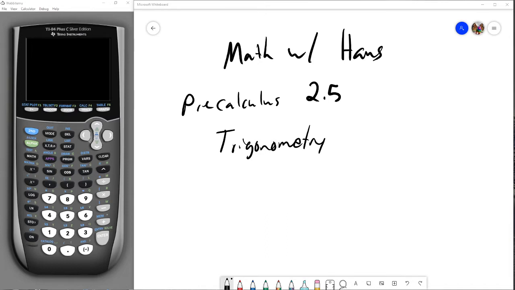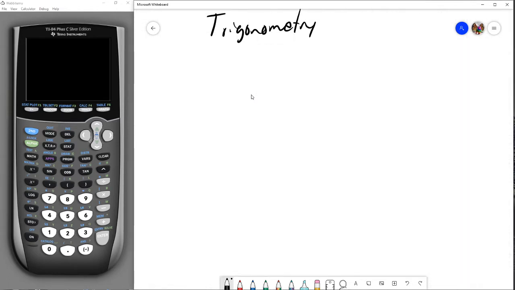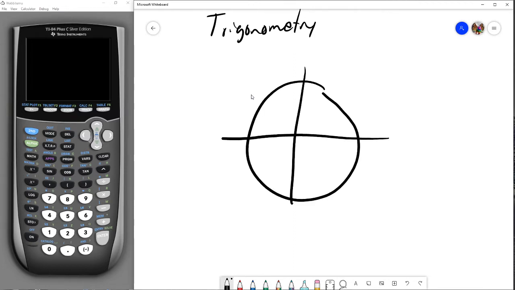Now, what we want to do is think about angles in a new manner. Let's go ahead and start with how we thought about angles in the previous video. So here is our circle and our XY axis here.